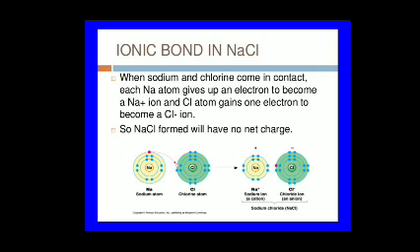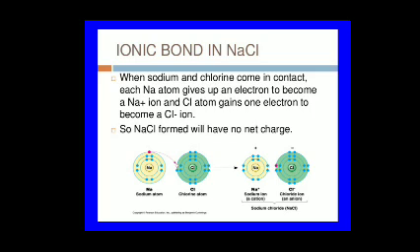By loss of one electron from its valency shell, the sodium atom becomes a positively charged particle, and when chlorine gains that electron from sodium, it becomes a negatively charged particle, an anion. These two oppositely charged particles attract together to form a stable molecule called sodium chloride.